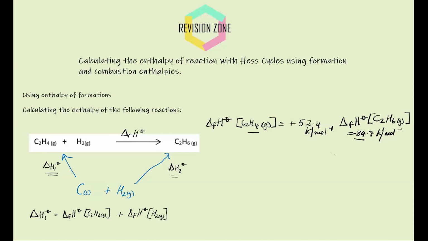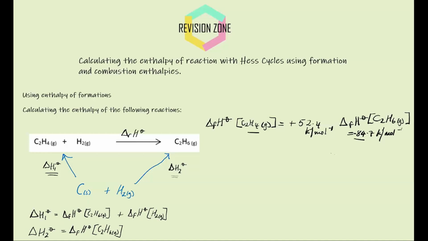We know this is 0, so we didn't really need to write it, but we will anyway. Delta H2 is equal to just the enthalpy of formation of ethane. Now we have these values up there, so we'll move over to the calculation.